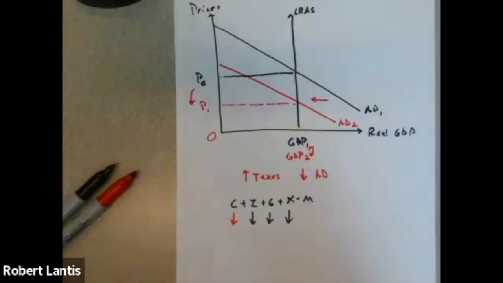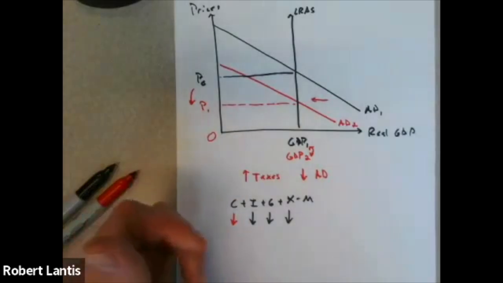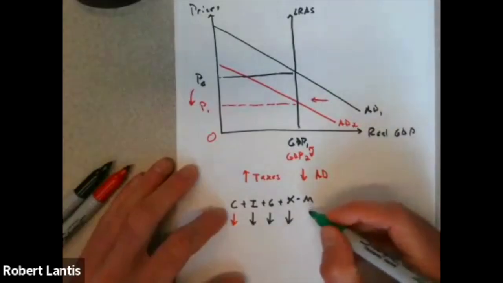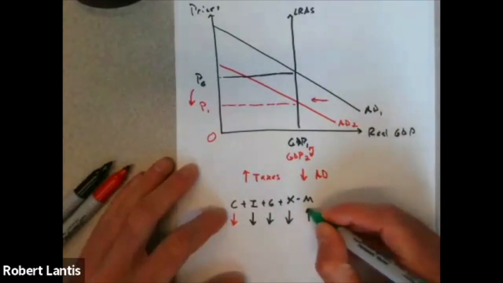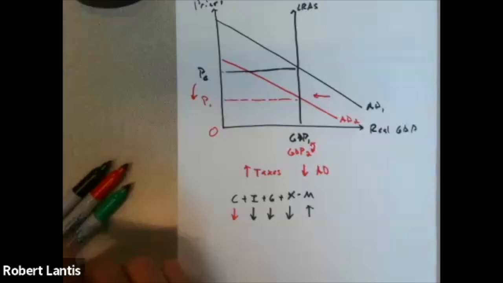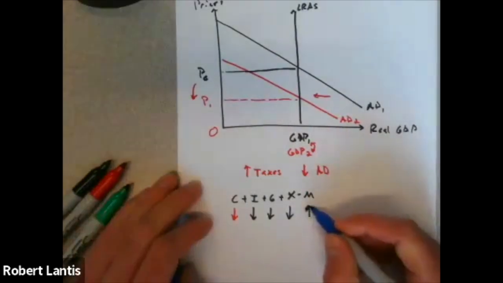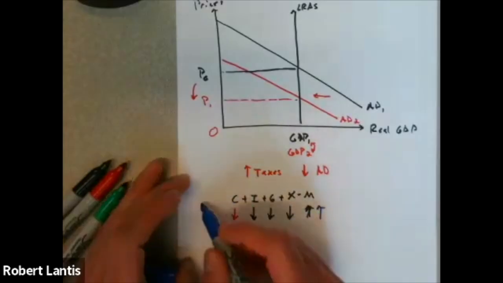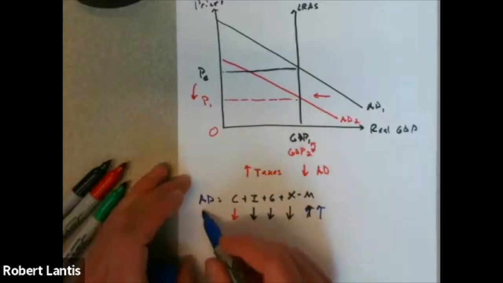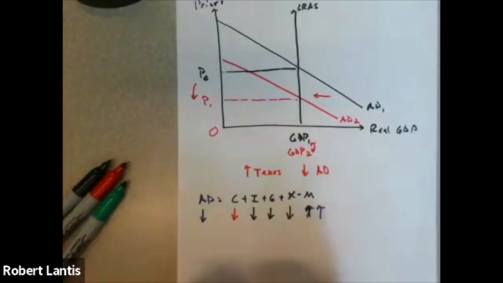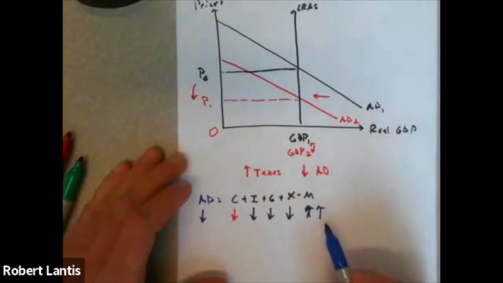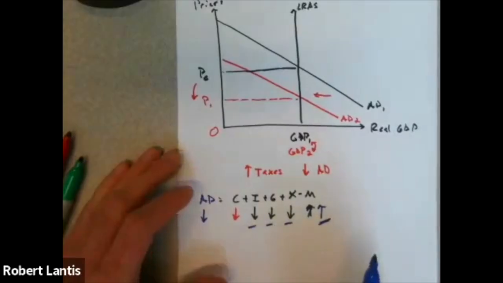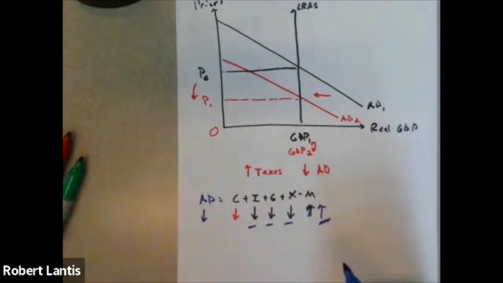Now, what's something else that could cause our GDP to go down? Well, what would cause aggregate demand to be lower is if we had a larger amount of imports. If imports go up, that means our overall aggregate demand would go down. So to have a similar effect of an increase in taxes, we could see an increase in imports or a decrease in investment in physical capital, government spending, or exports.